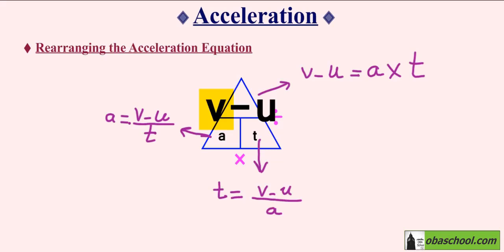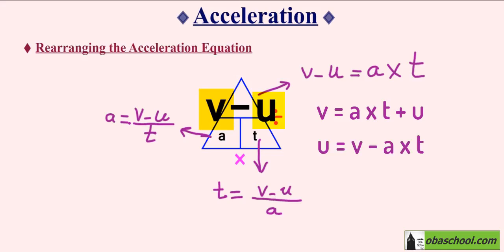To obtain v, v is equal to a multiplied by t plus u. So we move u from the first side of the equation to the other side. And if we want to find u, u is equal to v minus a multiplied by t, and this is by rearranging the components of the equation and changing their sign as we move it from one side of the equation to the other.